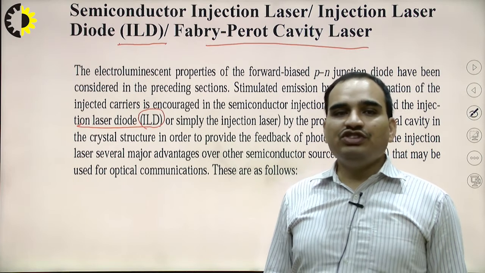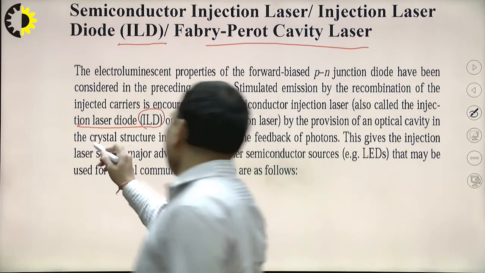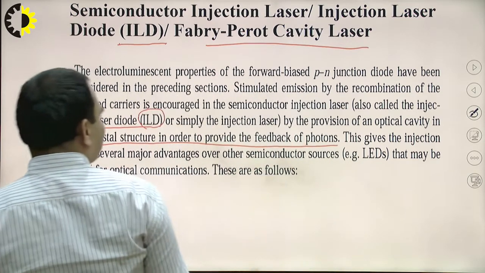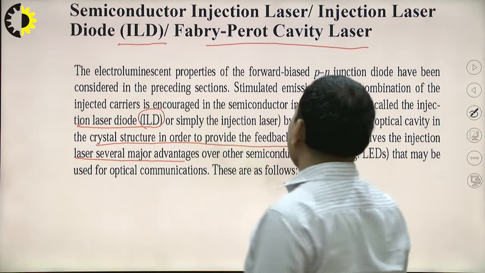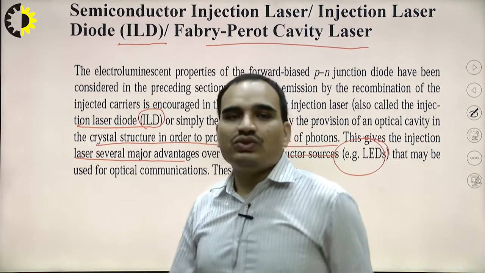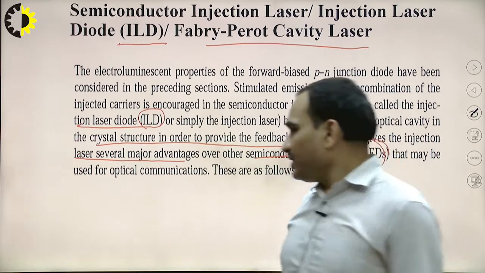By the provision of the optical cavity in the crystal structure in order to provide the feedback of photons, this gives an injection laser several major advantages over the semiconductor source, the LED, or light emitting diode, that may be used for optical communication.